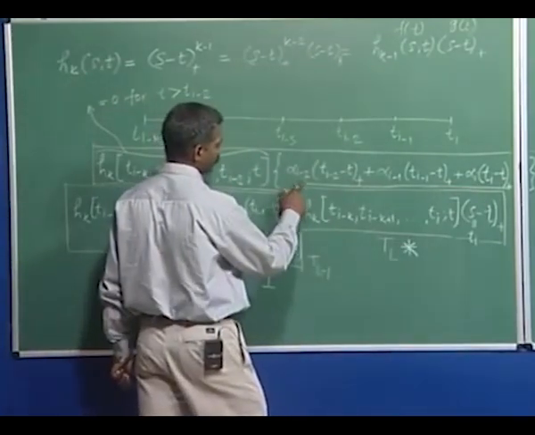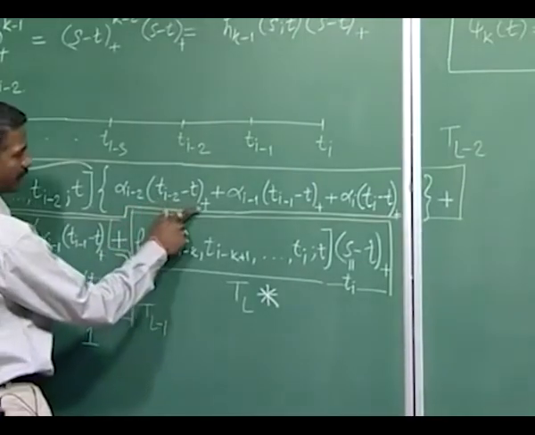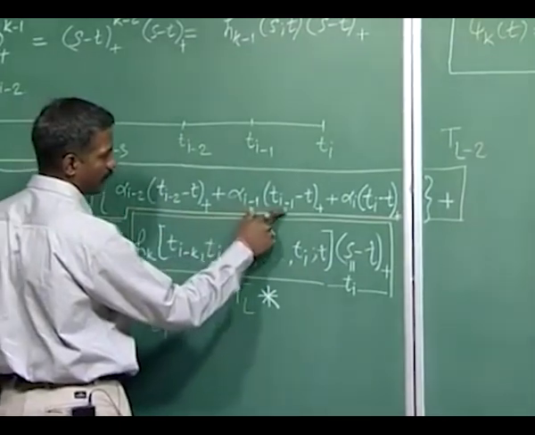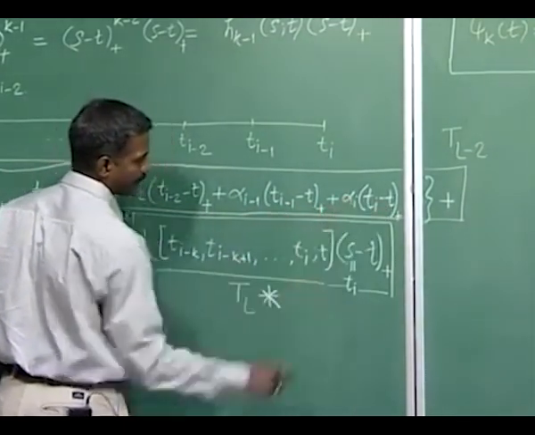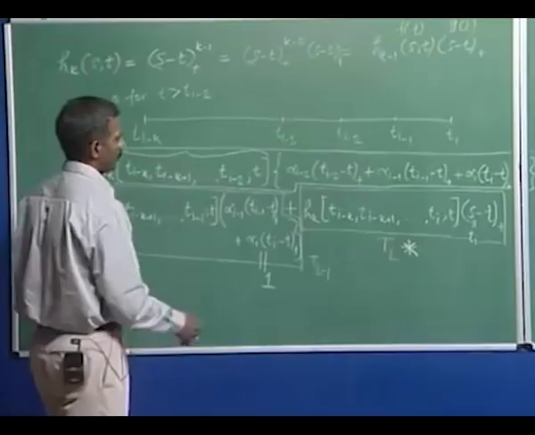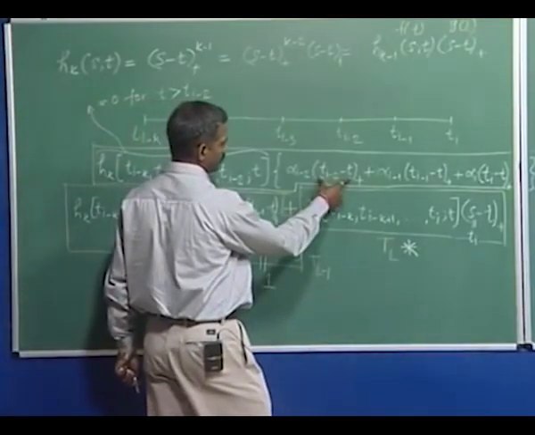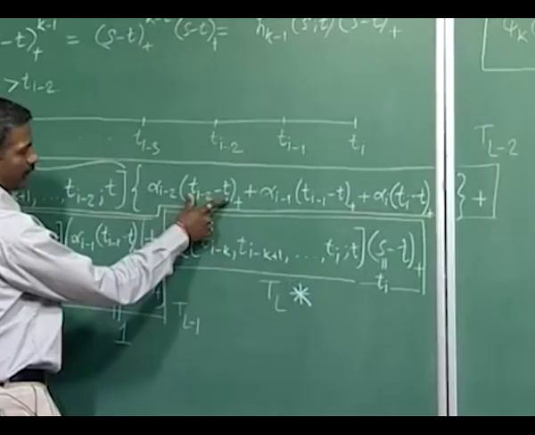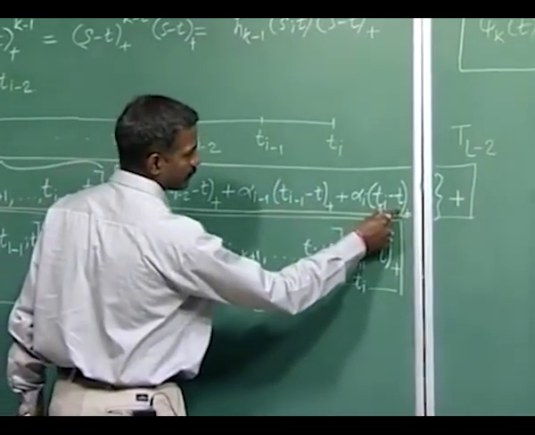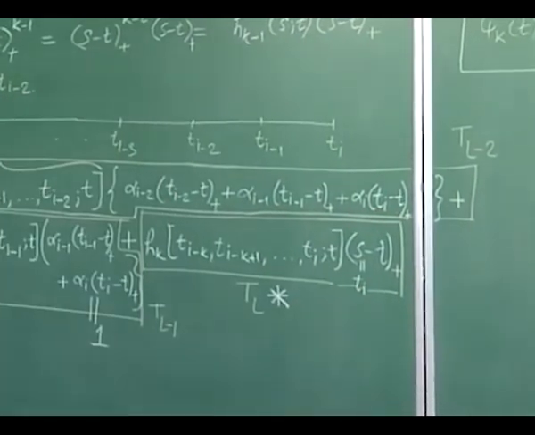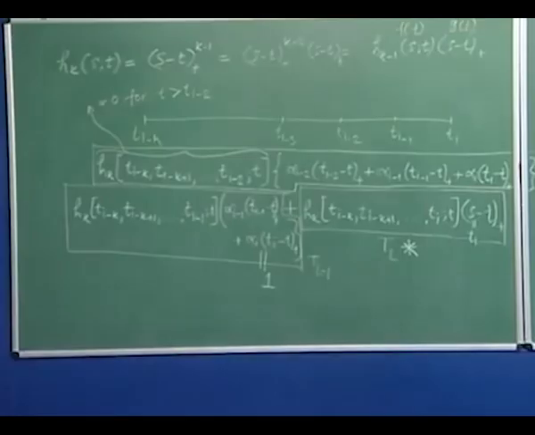Alpha_{i-2} (t_{i-2} - t) truncated, plus alpha_{i-1} (t_{i-1} - t) truncated, plus alpha_i (t_i - t) truncated. This term here will be positive, this term here will be positive, and this term here will be positive. So in a way, we are looking at the second divided difference of a pure linear polynomial.